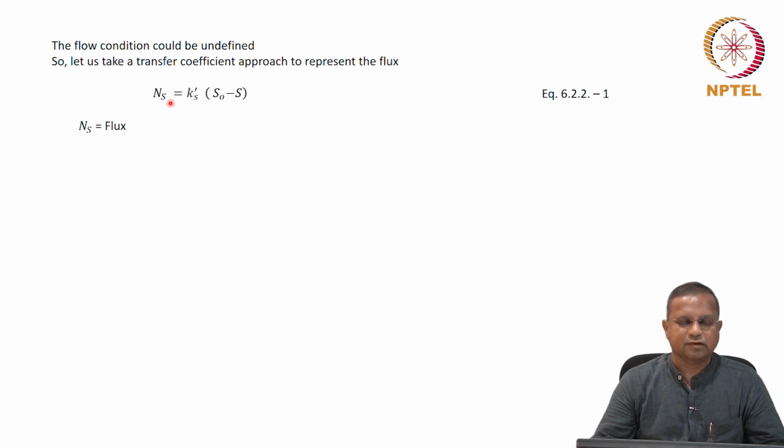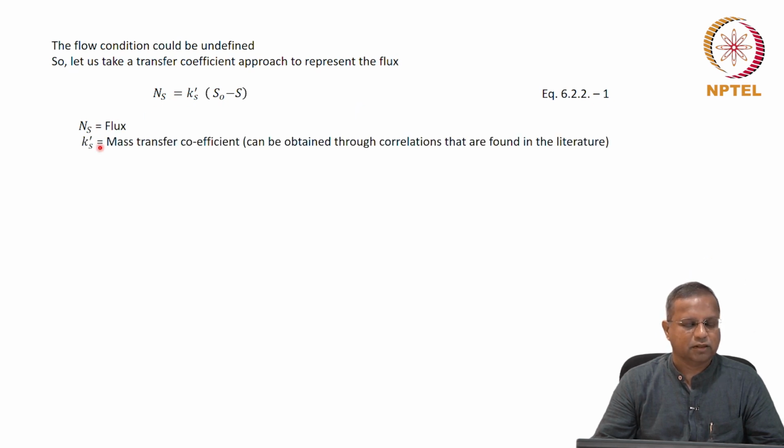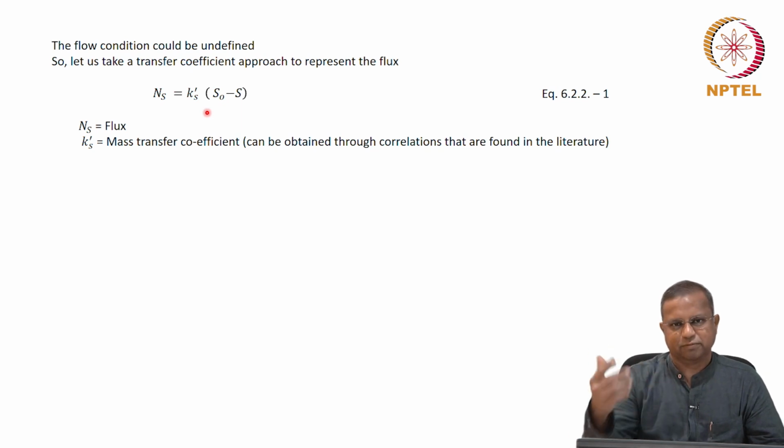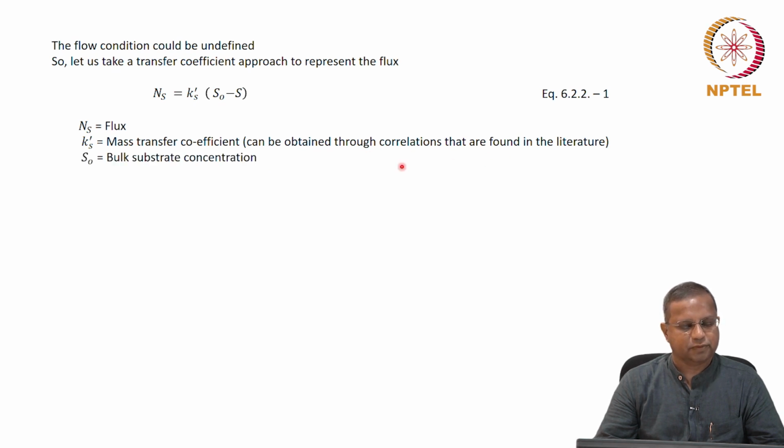This of course is the flux, as I mentioned. Ks dash is the mass transfer coefficient per unit area, because the area basis is relevant here. So, this is per unit area. That is why there is a dash there, and it can be obtained through correlations that are found in the literature.